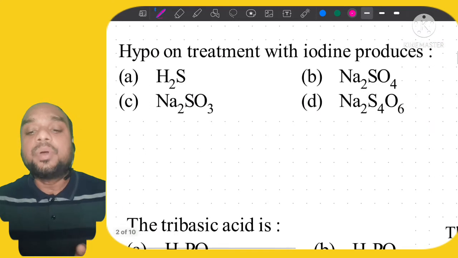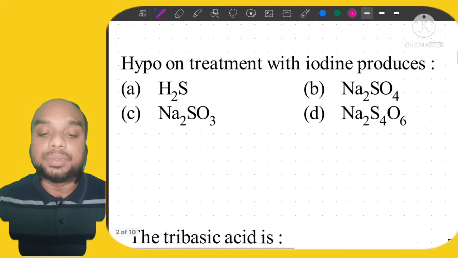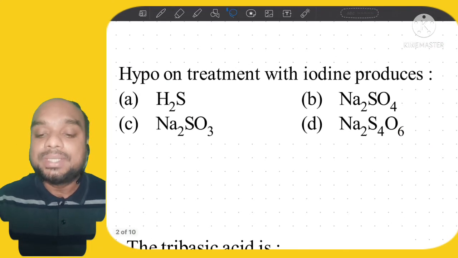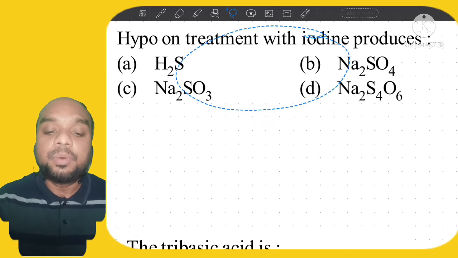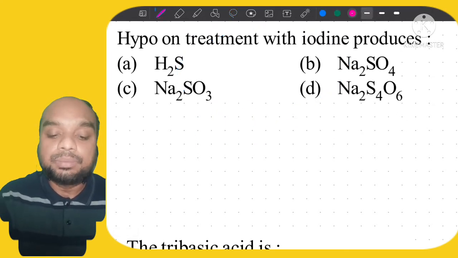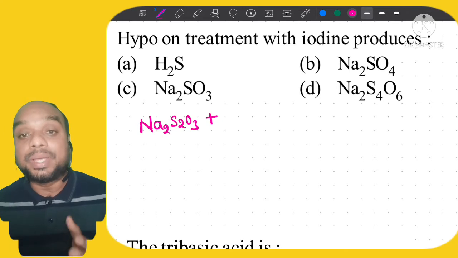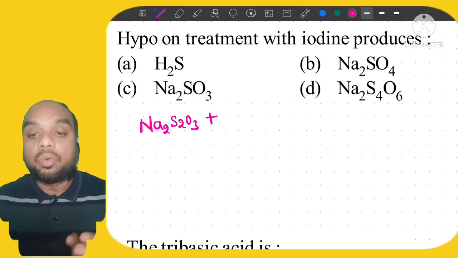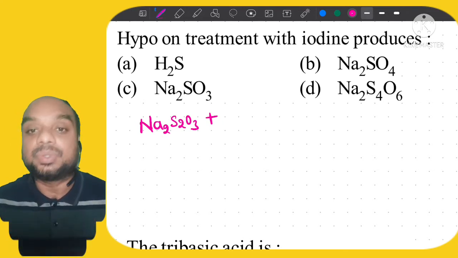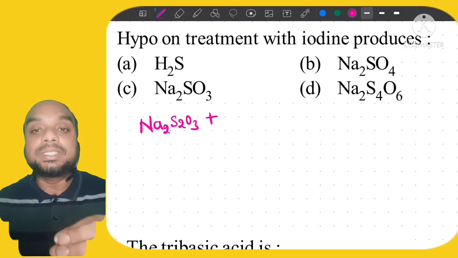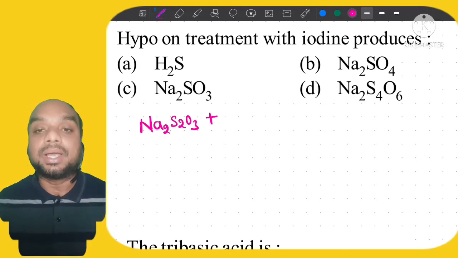Next, hypo on treatment with iodine produces. What is hypo here? Sodium thiosulfate, Na2S2O3, this is called hypo. Understand what the use of hypo is: to estimate how much iodine is present in a given solution. To estimate the percentage of iodine, we are using hypo.